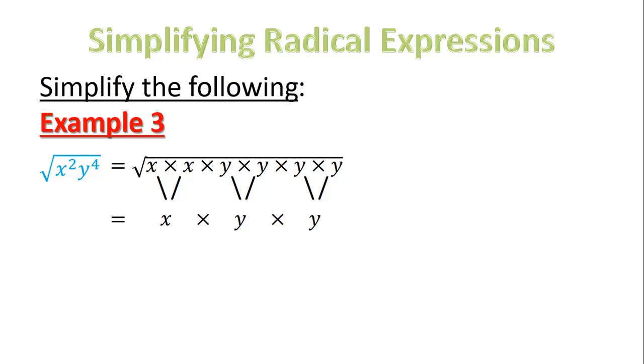Now, x times y times y gives me x y squared. That's when we just have variables and no numbers.